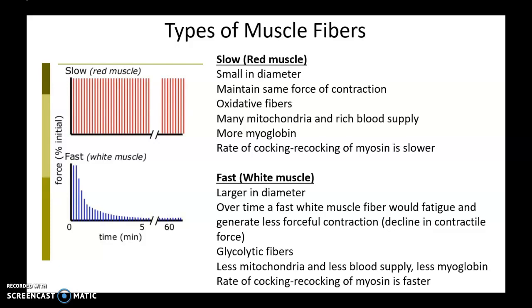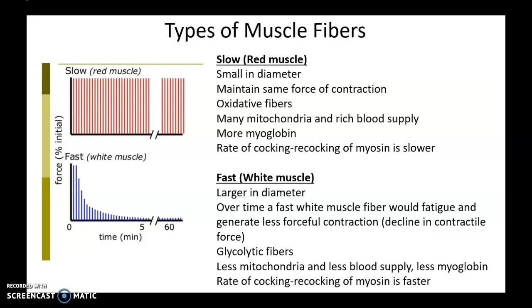In contrast, if we stimulate a fast white muscle fiber, over time the fast white fiber would fatigue and generate less forceful contractions, as shown by the blue lines in the bottom panel.